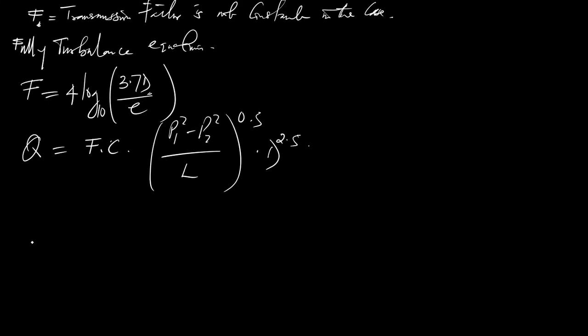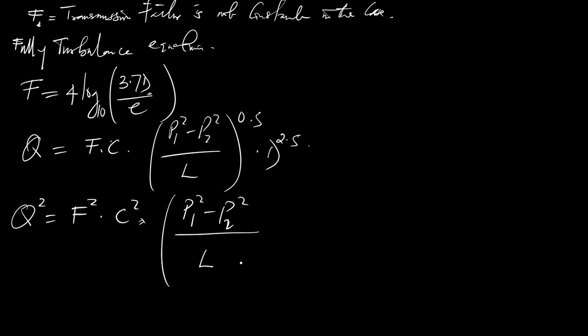So if you square all through, you have Q square is equal to F square C square times P1 square minus P2 square divided by L times D raised to power 5.